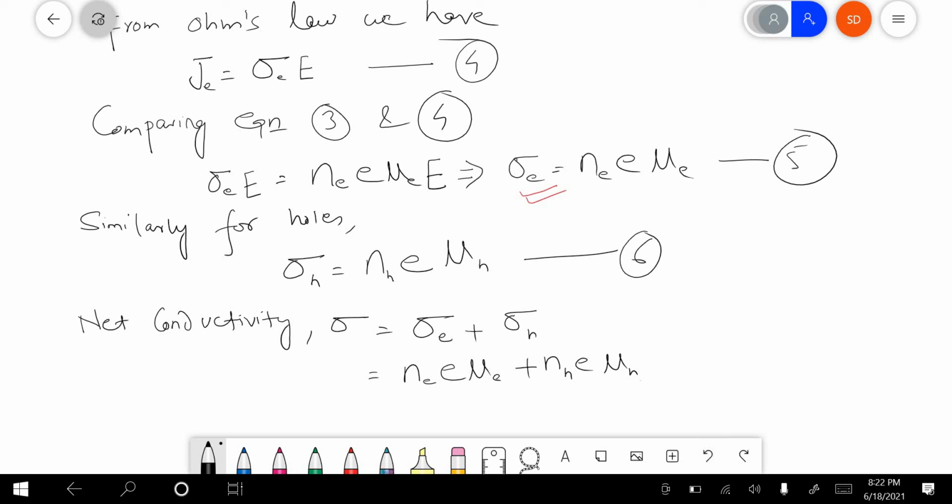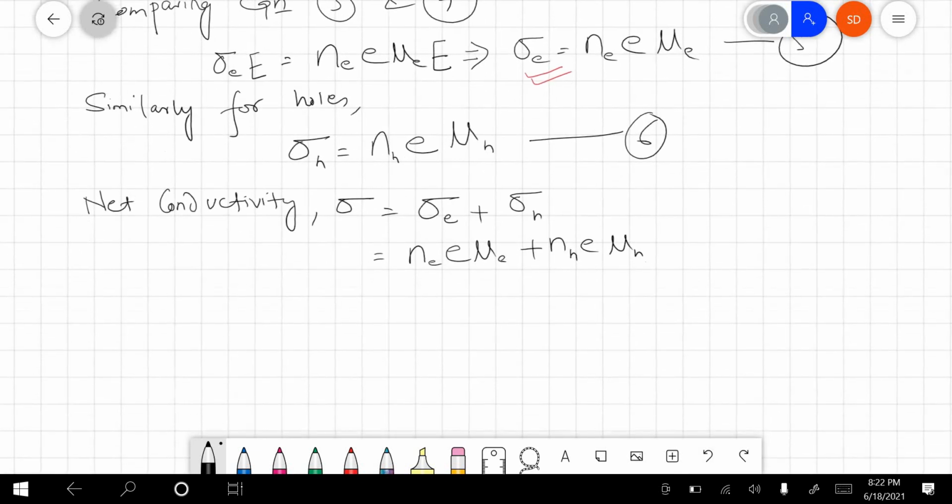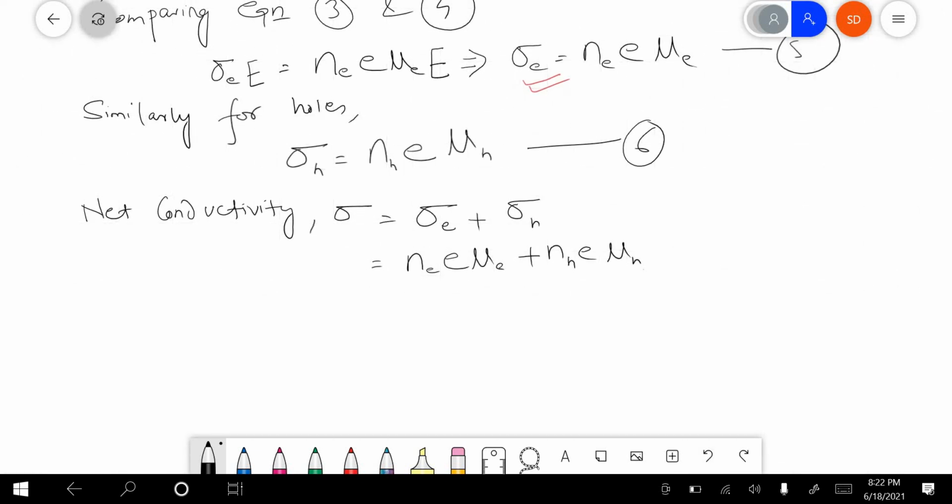Now for an intrinsic semiconductor, meaning the semiconductor which is not doped, the number density of electrons is nearly equal to the number density of holes.